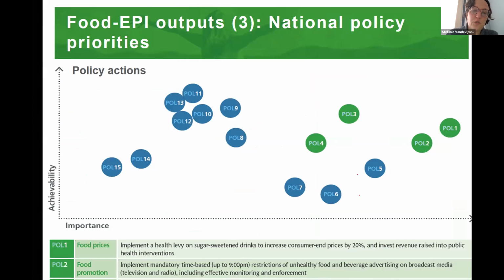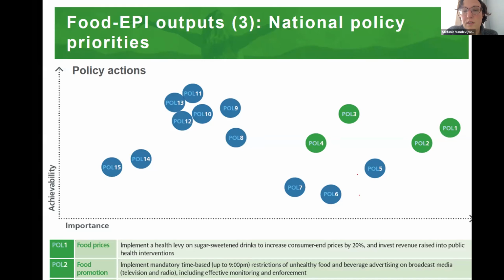These are country specific because it depends on what the implementation gaps are in the particular country, and it results from the discussion among experts about what actions should be put forward. Usually the prioritization is done looking at both importance as well as achievability, and countries make certain graphs to highlight these aspects.